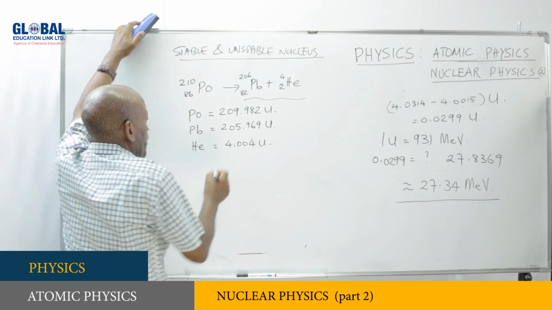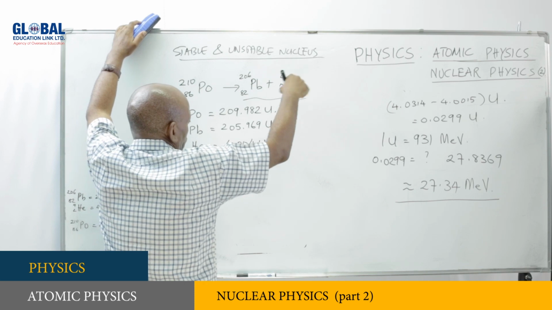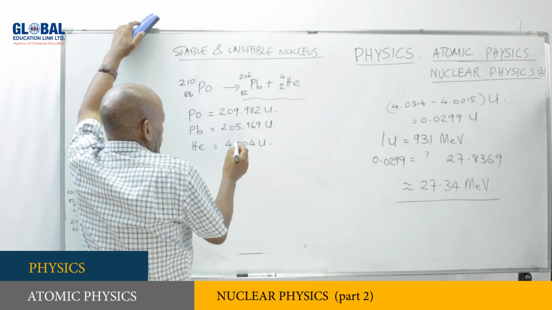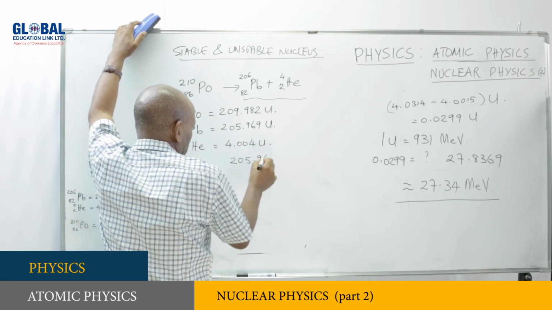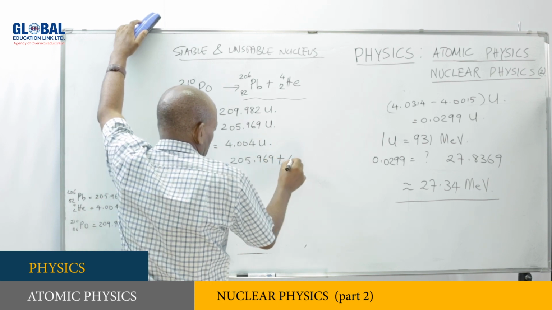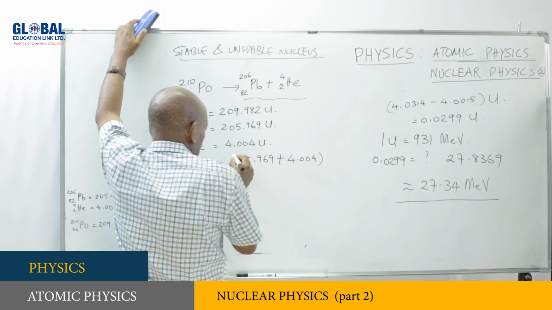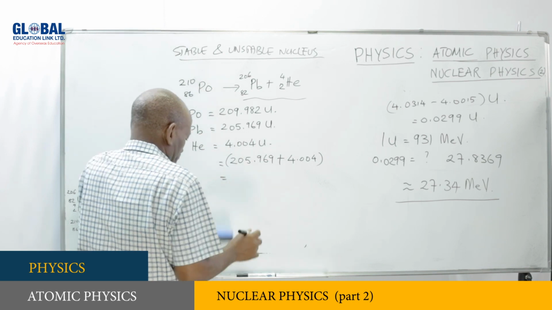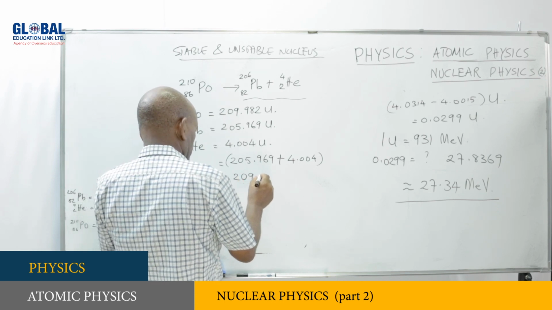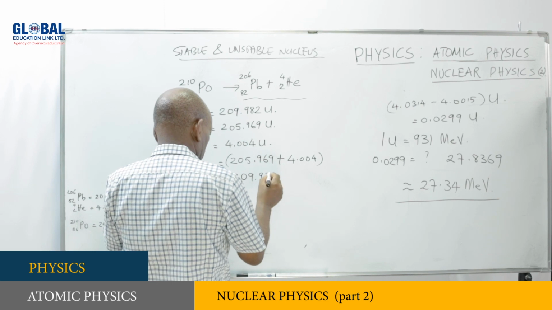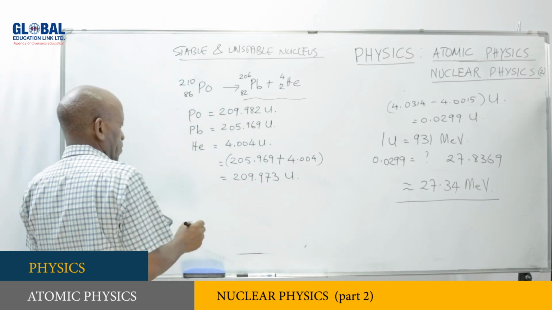Whenever they are completely separated, we just have one atom of lead with one atom of helium, so we just have to add 205.969 for the lead plus 4.004 for a single atom of helium, and this will give us 209.973 atomic mass units.